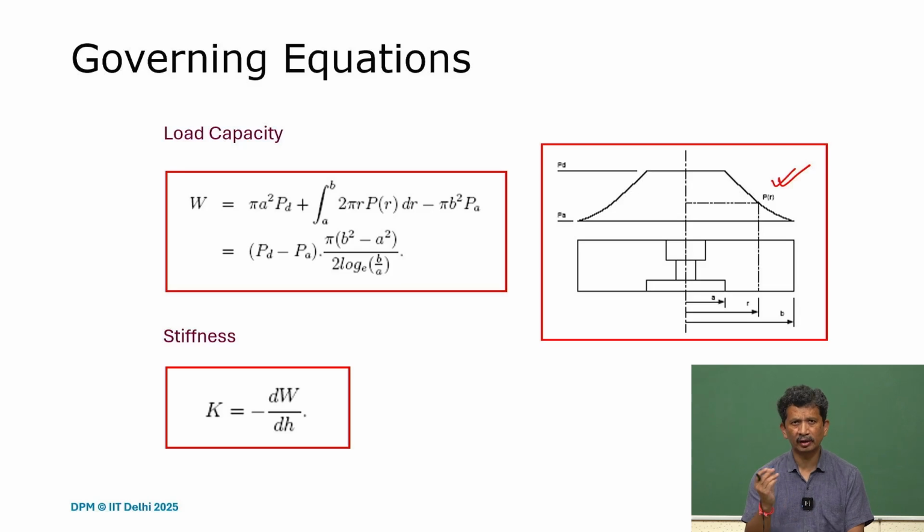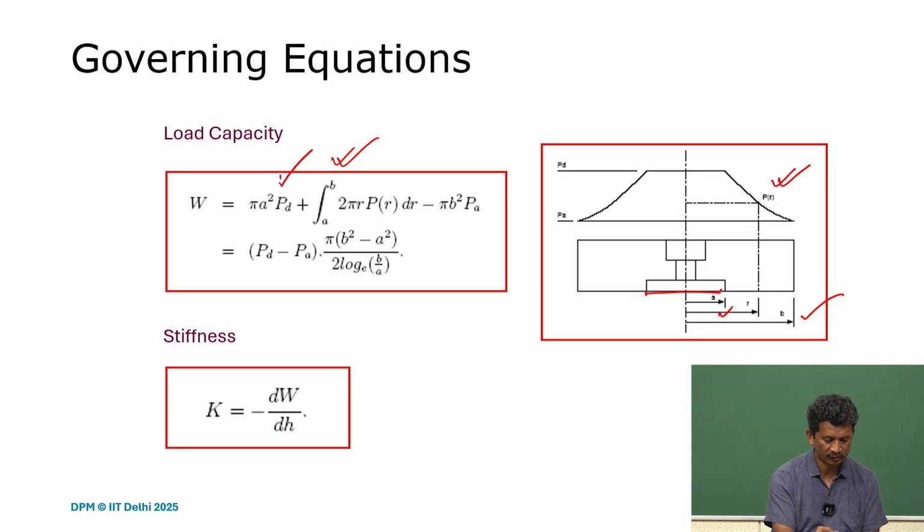Once we integrate P over area, so P times dA, we can take an annular region and integrate from A to B. What we see here is that in the pocket, this region, the pressure is constant, which is PD.